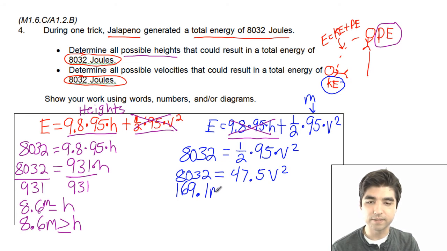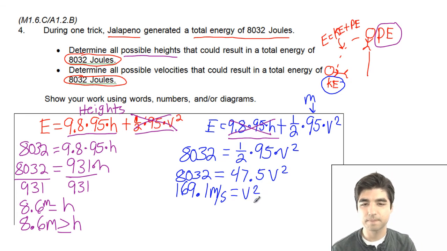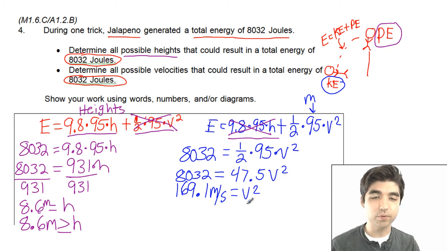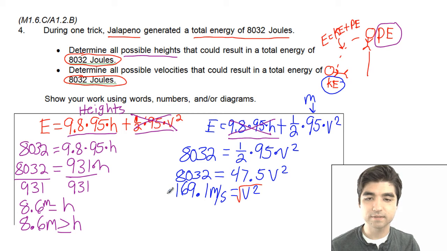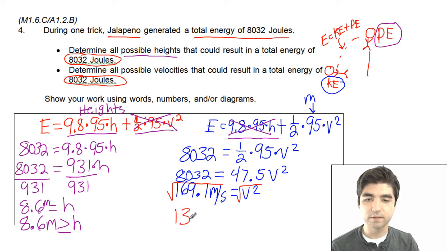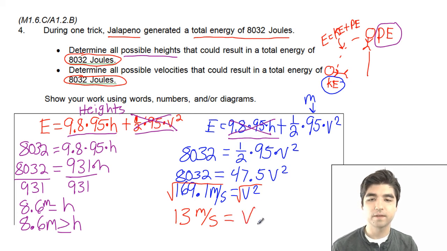That's in meters per second, and then we have v squared. To get rid of a square, you need to take the square root of both sides. So the square root of 169 equals 13 meters per second equals v.